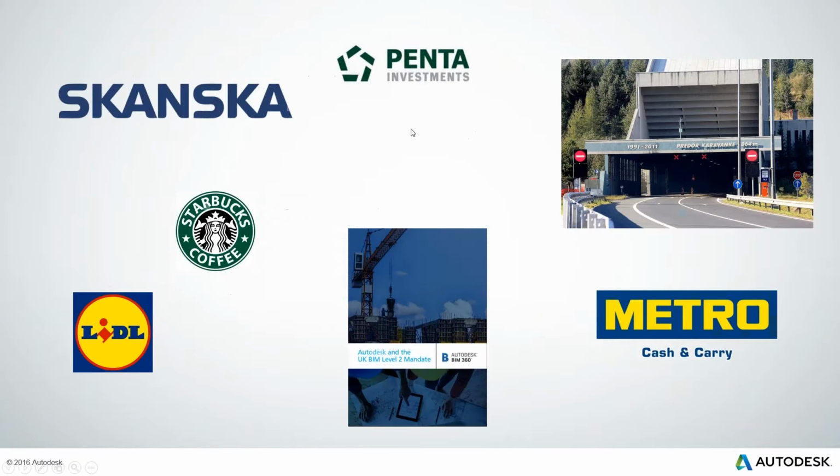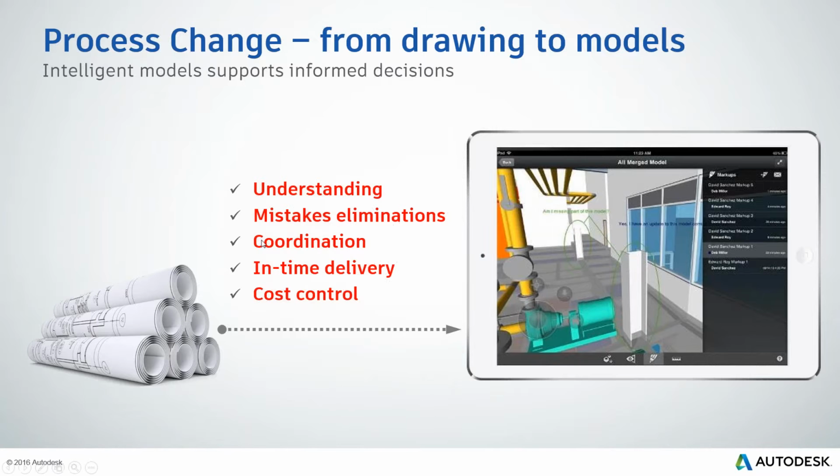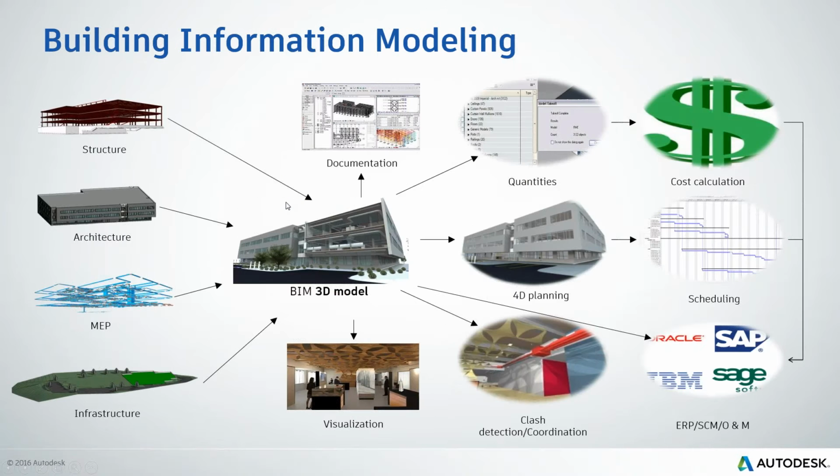Okay, so let's go back. I was talking about the model, just to remind you about one model-oriented approach coming from structure, architecture, MEP, and infrastructure. And then I was talking about 3D planning and scheduling.